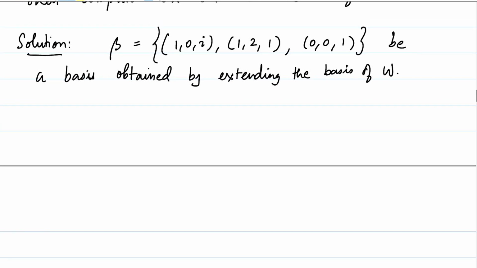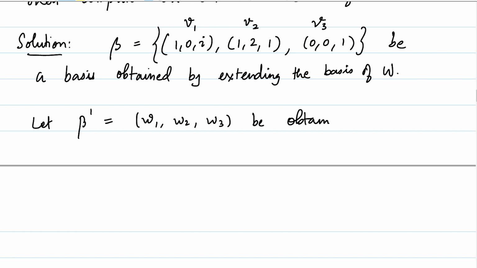So that is what we have done. Suppose we have, let's call them V1, V2 and V3, and we orthonormalize this basis beta to obtain beta prime. So let beta prime equal W1, W2 and W3, obtained by the Gram-Schmidt orthonormalization.